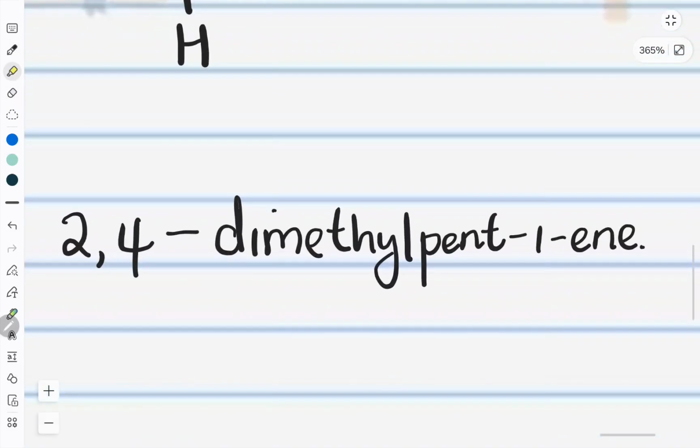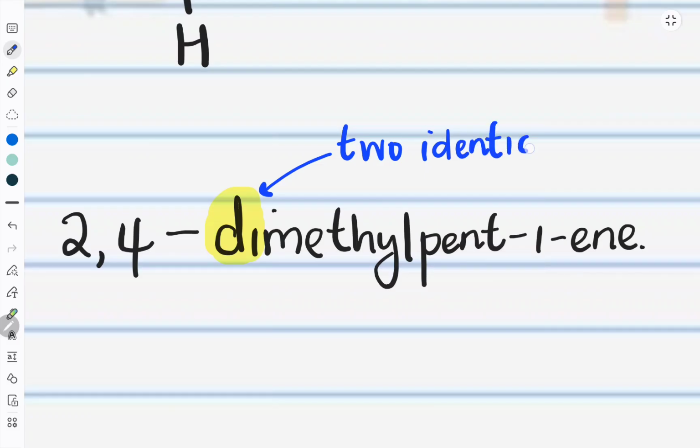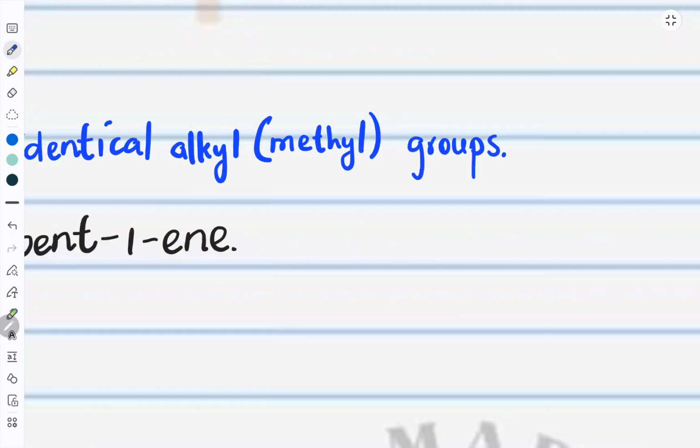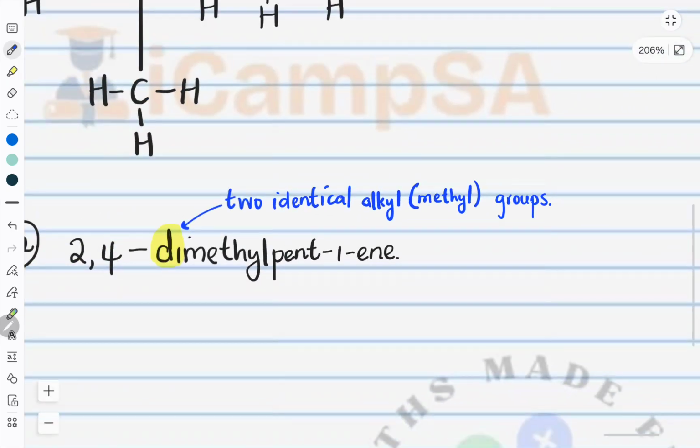The only thing I would like to point out is that there are 2 identical methyl groups given by that Greek prefix di. All right, so there are 2 of them.